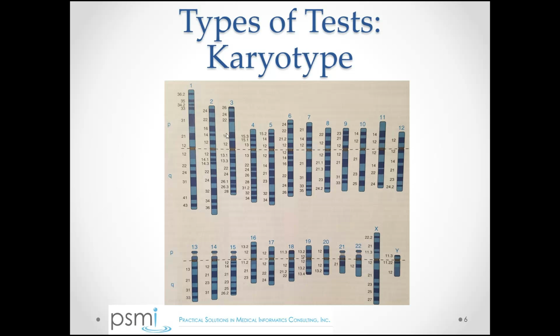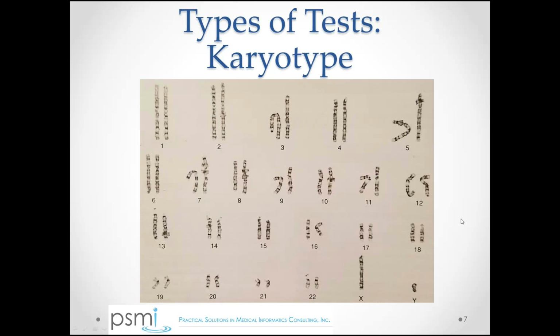And so we take the chromosomes and we stain them, and we get these characteristic bands. And these bands can then be lined up so that you can see, for instance, for chromosome 1, the chromosome that you inherited from one of your parents, and then this would be the chromosome that was inherited from the other parent. And you can line them all up, and this is obviously a very gross view.